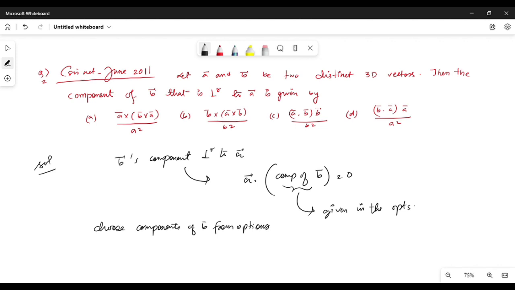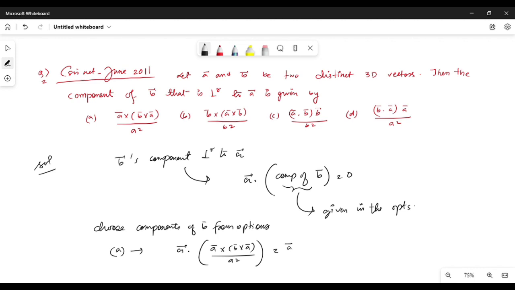Let me take the first option, A dot the component of B. Suppose I'm choosing this as the component of B, divided by A square. Let me see if it is 0 or not. If it is 0, that means this is the component of B and this is the correct option.